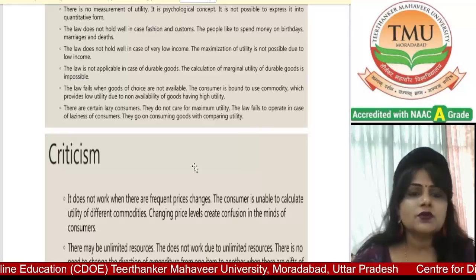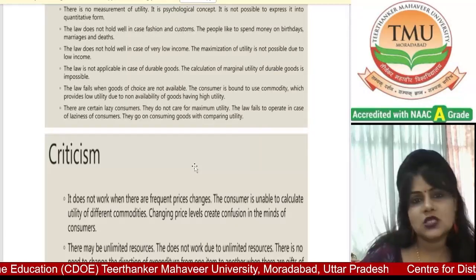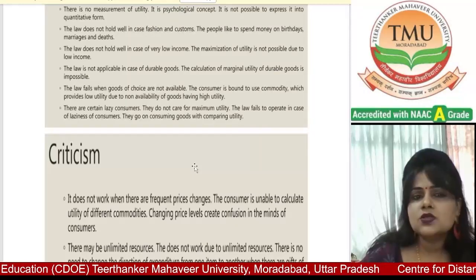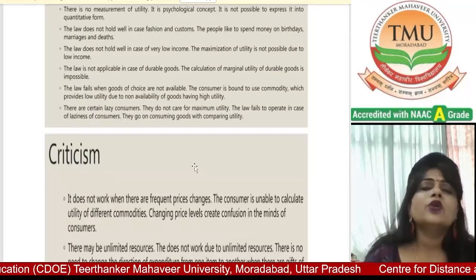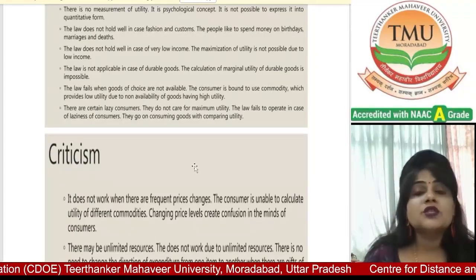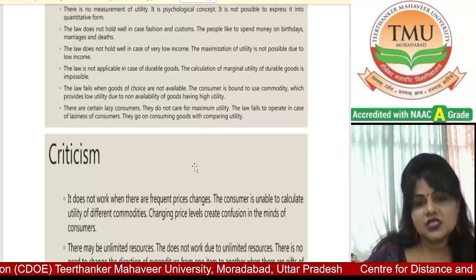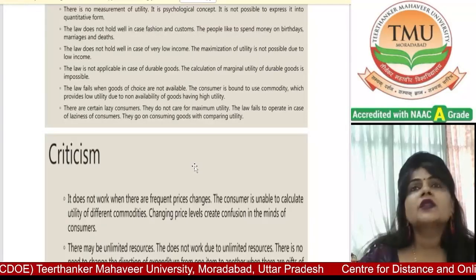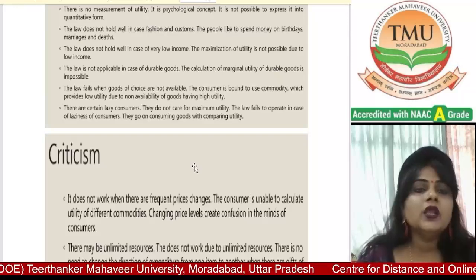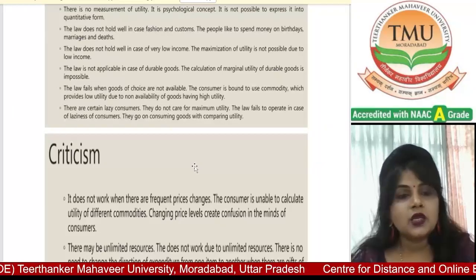I have also discussed utility. It's a psychological feeling, and many consumers are also lazy, and without knowing about the things, they only purchase them. They spend their money and don't compare the utility of things. They only want to consume it.